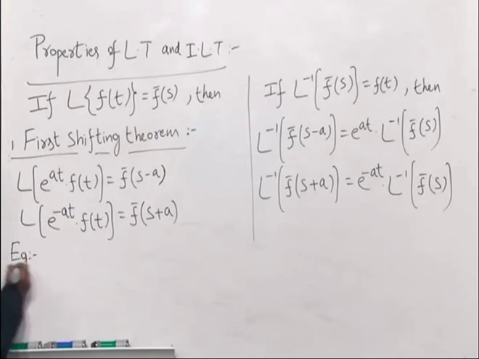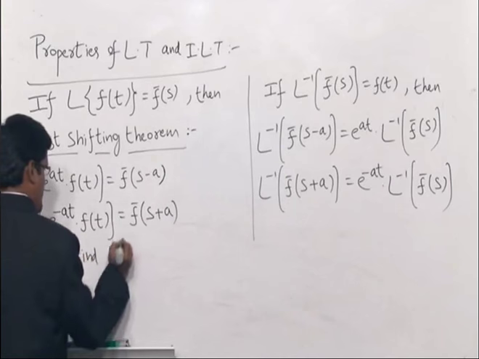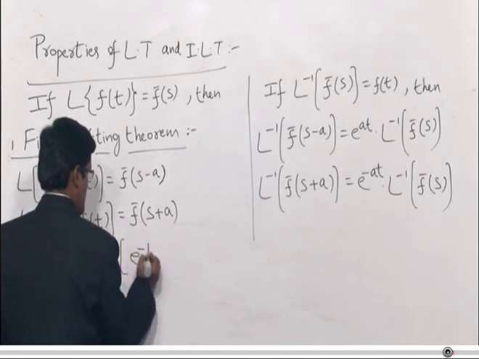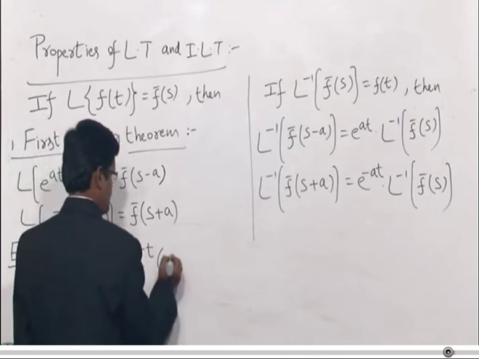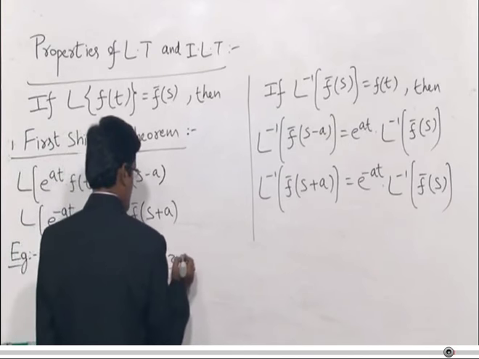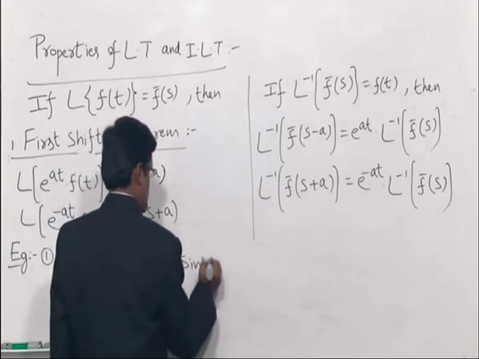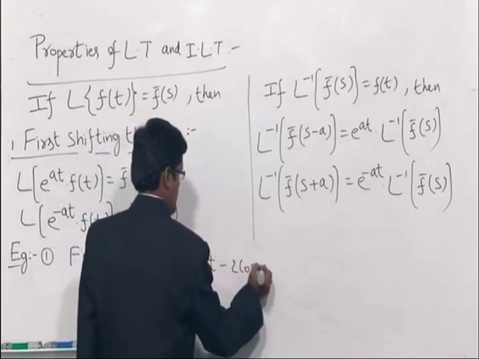Example, first problem. Find L of e power minus t into 3 sinh t minus 2 cos 3t.